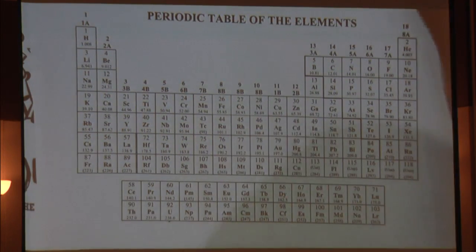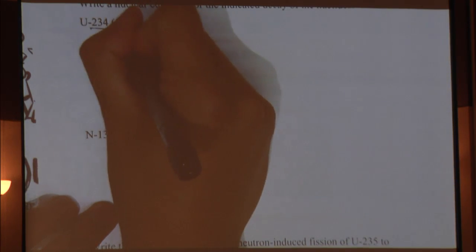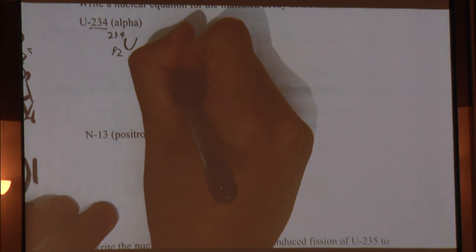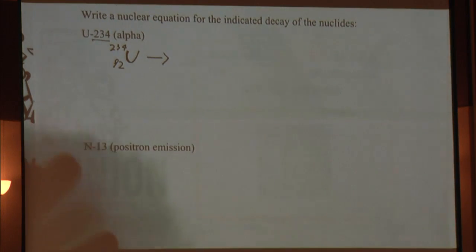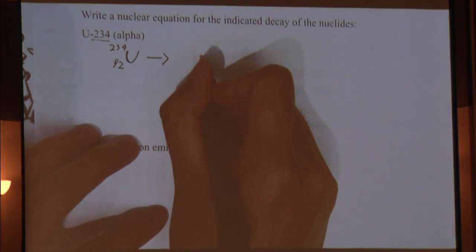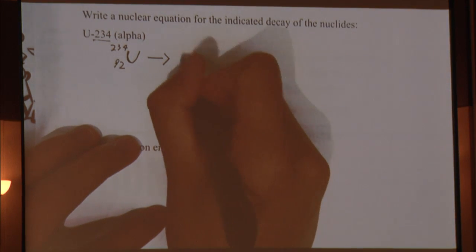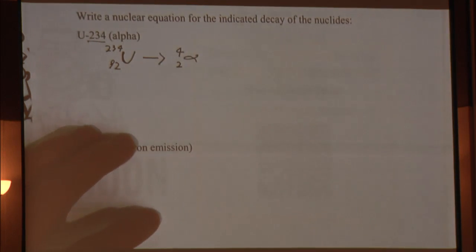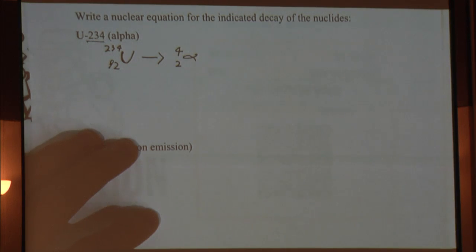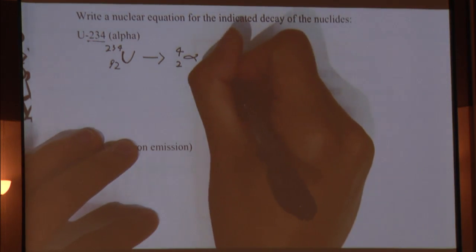We have an atomic number of 92. And our mass number is given to us here. Now we need to know the mass number and the atomic number of our alpha particle, which is a mass number of 4 and an atomic number of 2.